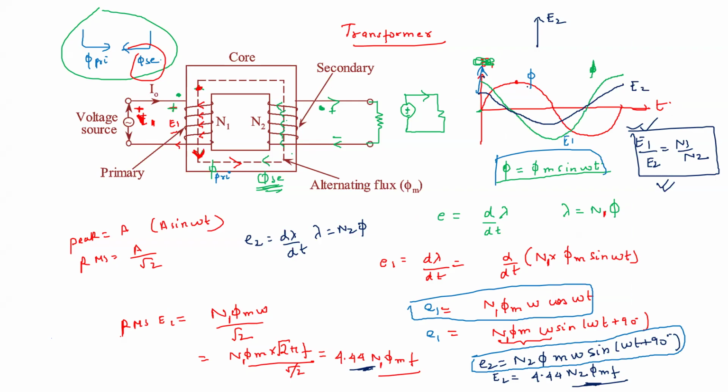Because phi is sine and E1, E2 are cos, E1 and E2 are leading the phi by 90 degrees. So this is the phasor diagram of the ideal transformer. E1 and E2 are in phase. Their magnitudes may differ depending on the N1 by N2 ratio, but they are in phase. And phi is lagging by 90 degrees.